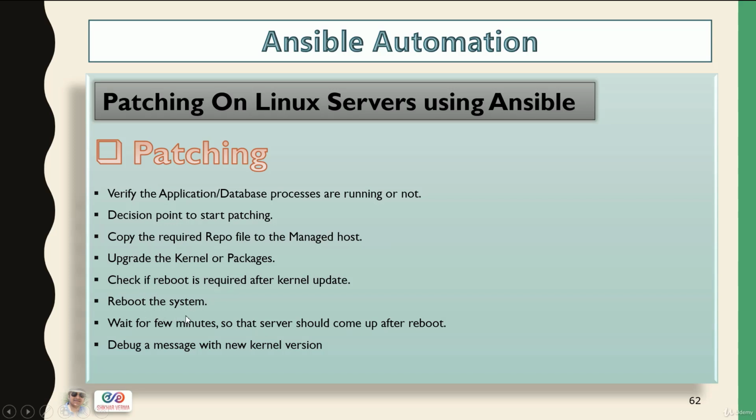And when you reboot the system, you have to take care that the communication will be broken, so it should not terminate your playbook. For that you have to use a few options, that is async and poll, and then wait for a few minutes, otherwise it is going to move towards the next task. So you can use a lot of modules like the sleep module, the pause module, or wait for connection, and you can give any specific time, and then debug a message with the new kernel version.